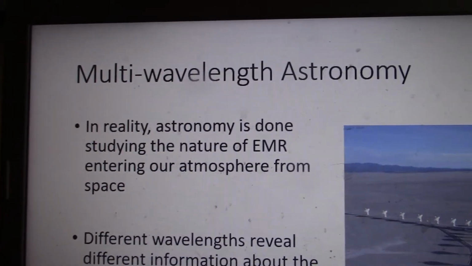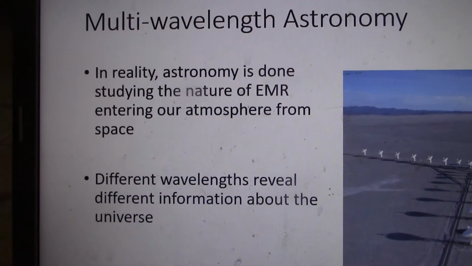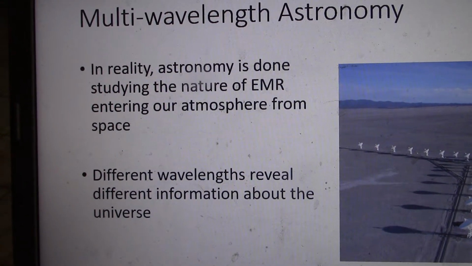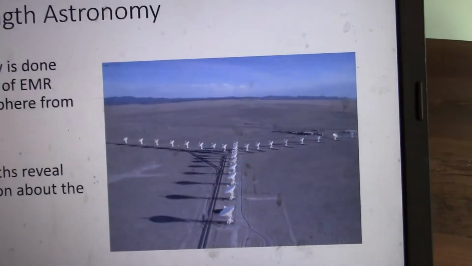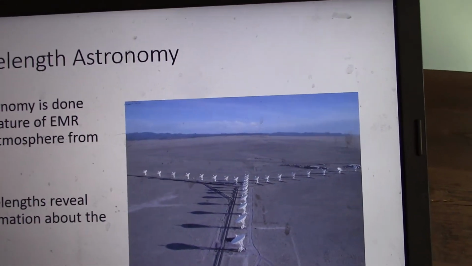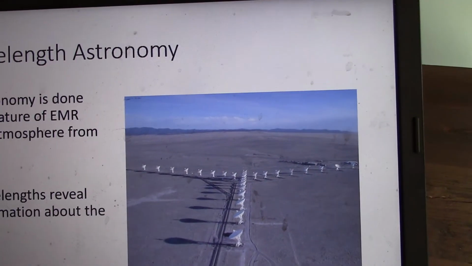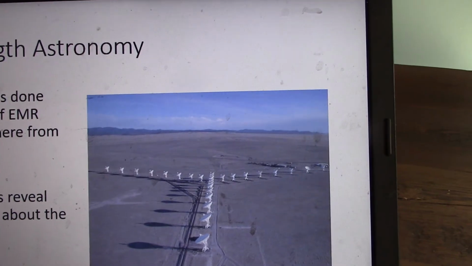So in reality, astronomy is done by studying the nature of EMR entering our atmosphere from space. Different wavelengths reveal different information about the universe. And the further back we look, so the deeper we look into space, the longer that EMR has been around, right? So it has lost energy, so the energy is converted to lower energy wavelengths.